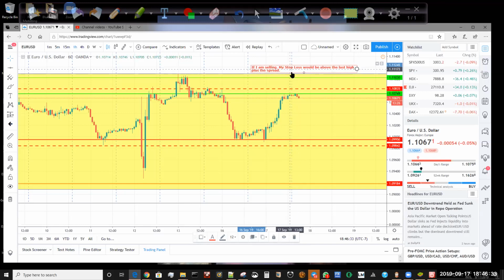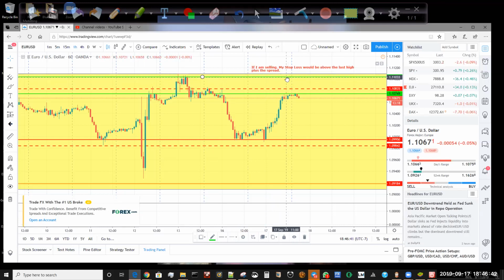It's very important to include your spread in your stop loss because you don't want to be stopped out prematurely. So for a sell, you want to make sure you're above your last high plus the broker spread.